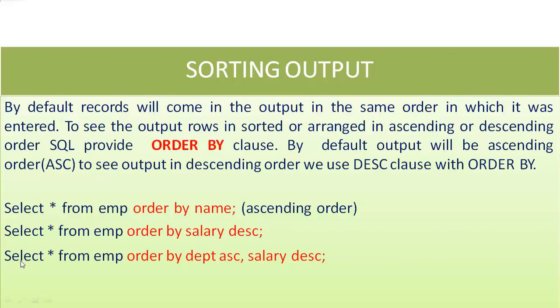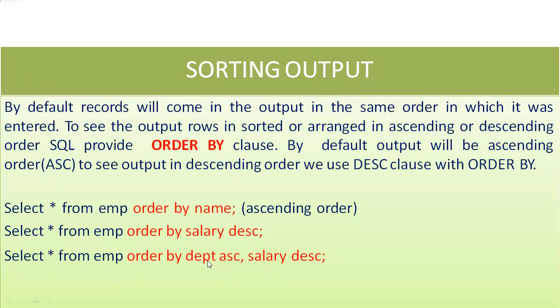And here, SELECT star FROM EMP ORDER BY DPT. I have to arrange the DPT column in ASC, comma, salary DESC. See, both ascending and descending we can do at the same time.